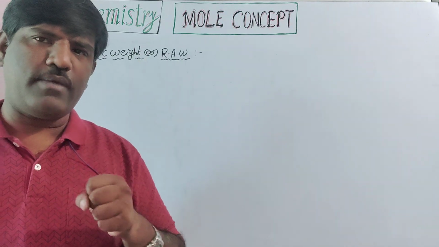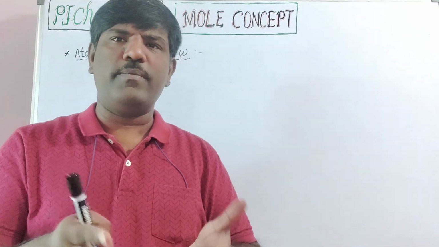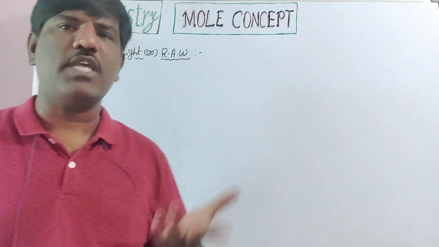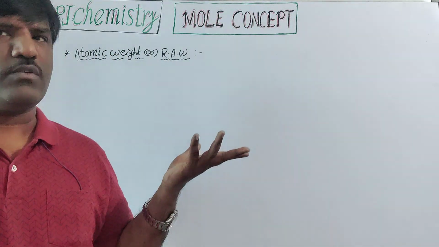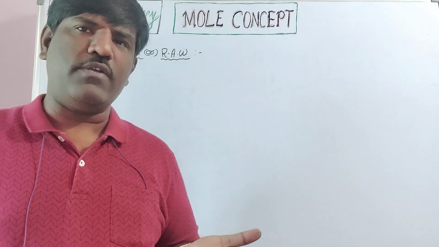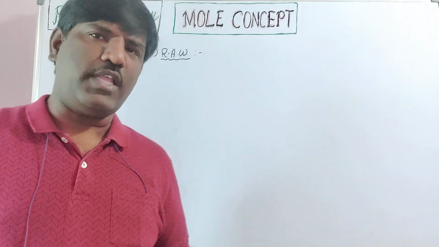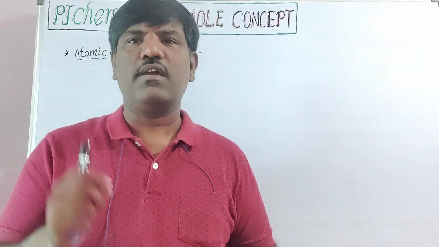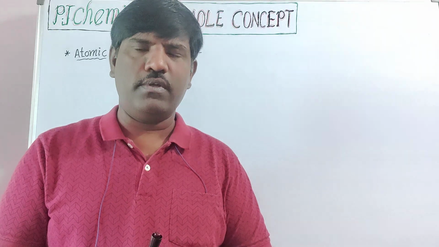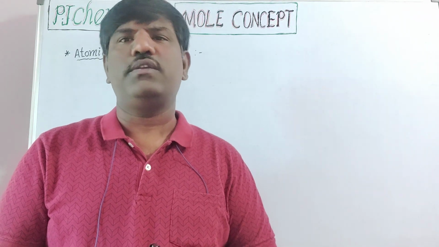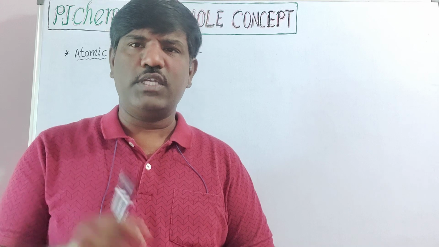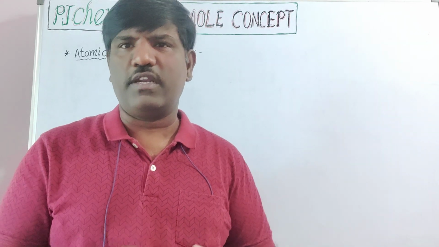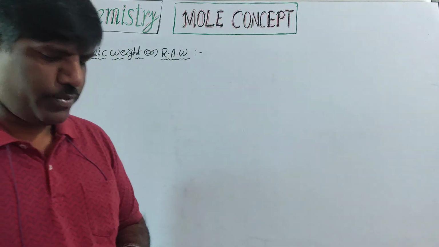For carbon we divided into 12 parts, so the number is 12. If nitrogen, the number is 14. Here the standard unit is the carbon 12 isotope. 1 by 12th part of the C12 isotope is nothing but AMU, which is considered as the standard unit, the reference element.